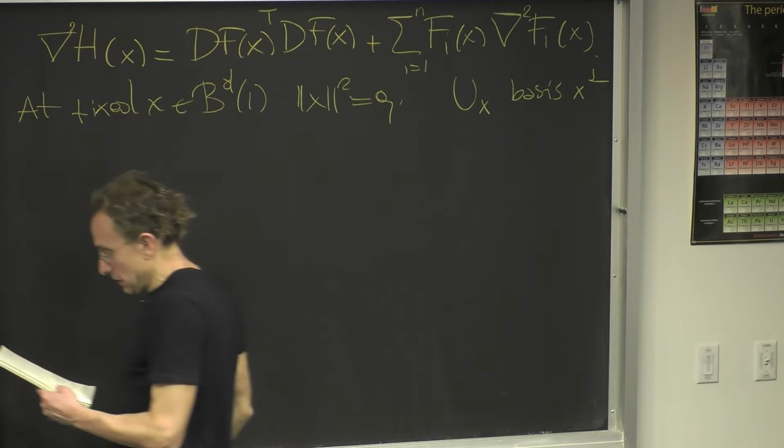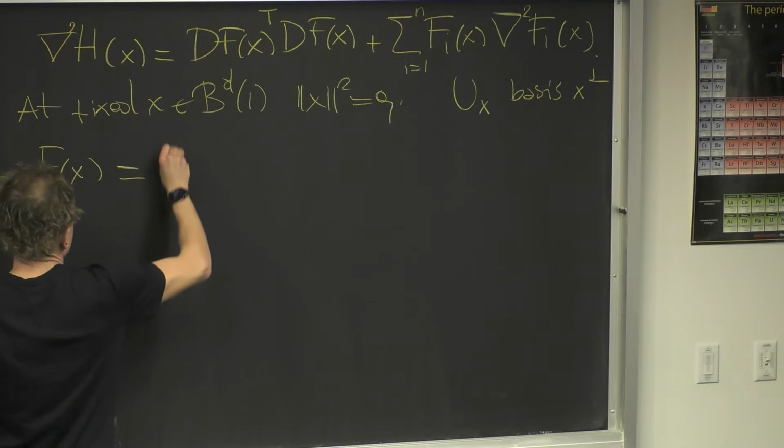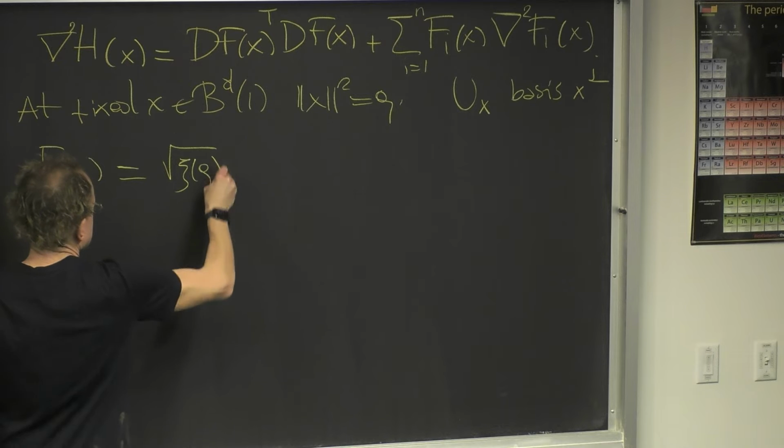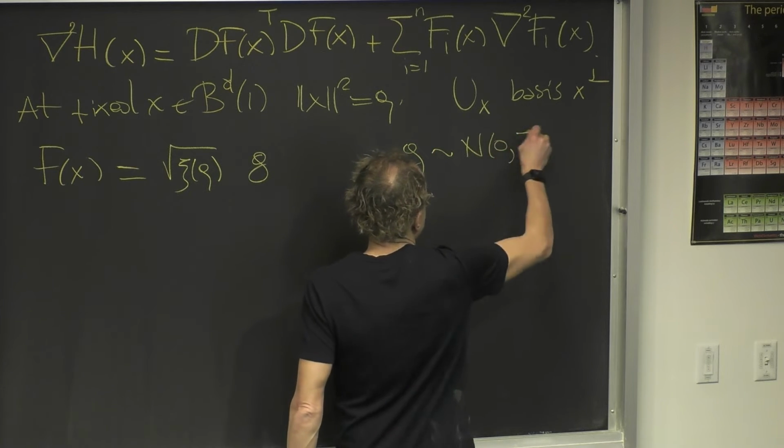the perpendicular space, what happens is that f of x is square root of psi of q times g, where g is a standard normal vector.